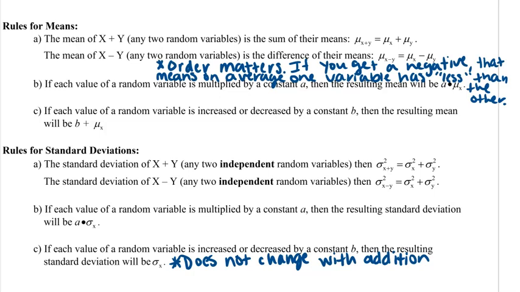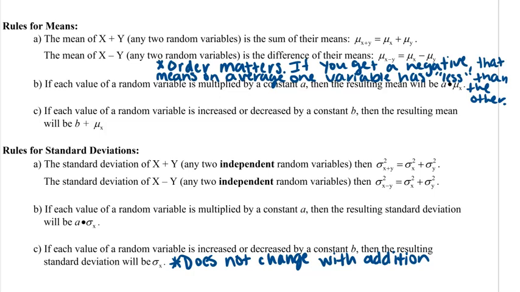I've got our screen up where we left off last time, where we talked about rules for means and rules for standard deviations when you are talking about two random variables at the same time. Just to recap from last time, if you have two means that you are combining, you just add them together. So the mean of, say, assembling a box versus painting the box.